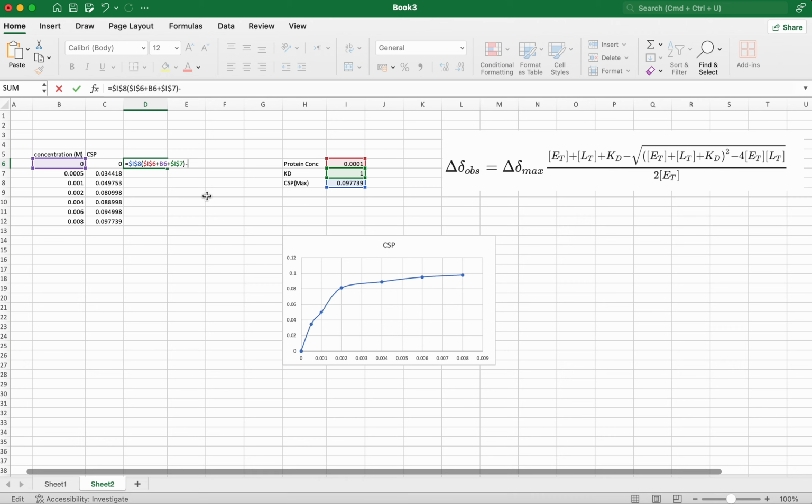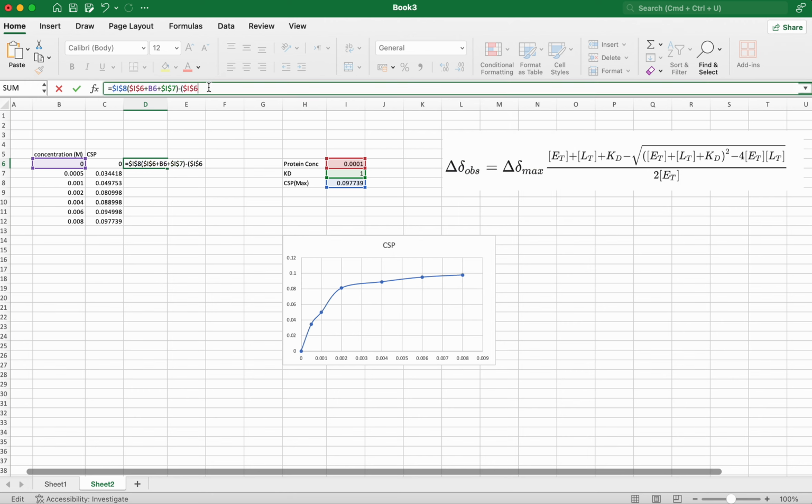Then minus, we put the square root on the top later, so this delta, square it, and then the total protein concentration, again with the dollar sign, plus again the ligand concentration, which is variable, plus the same, you have to repeat here, then I7.